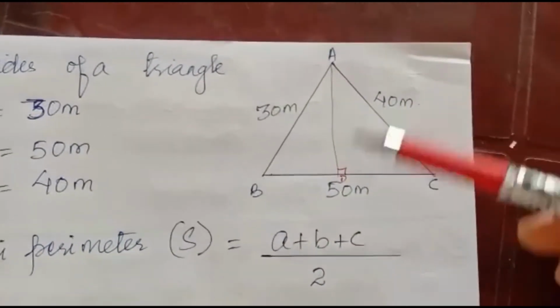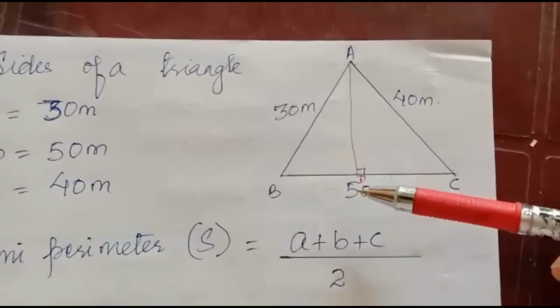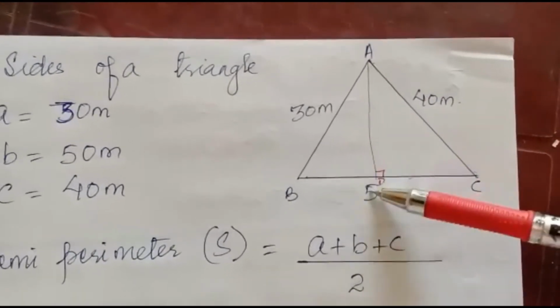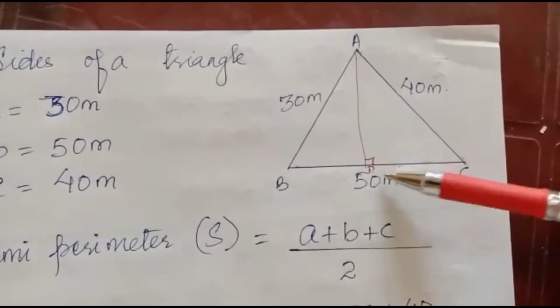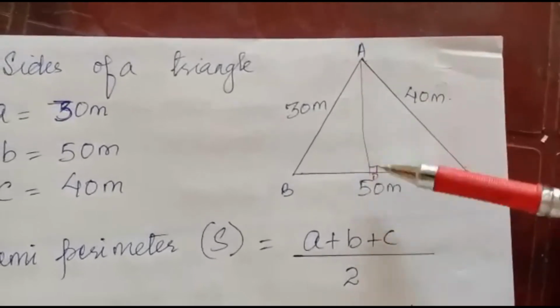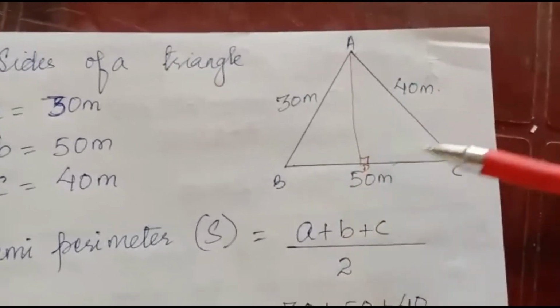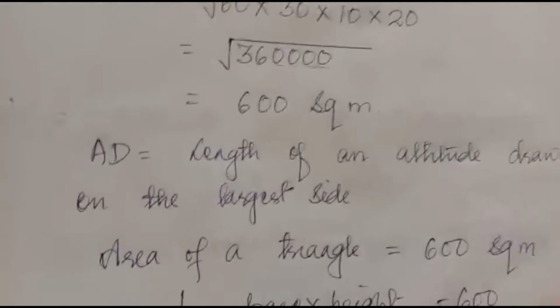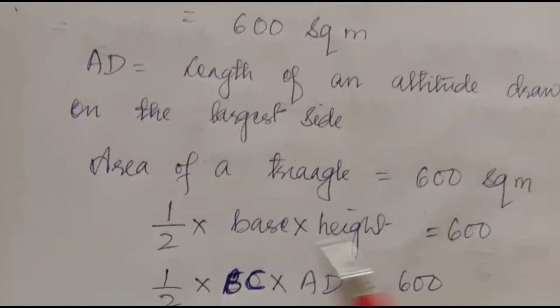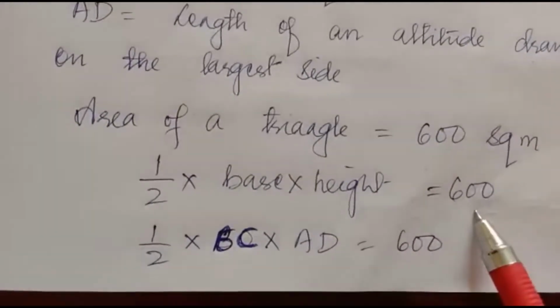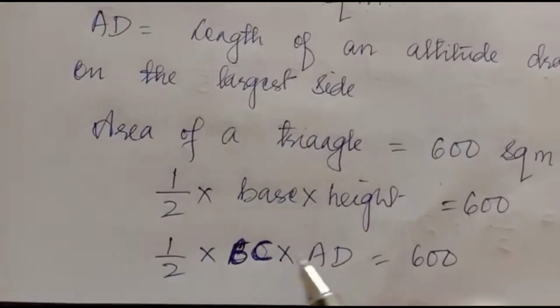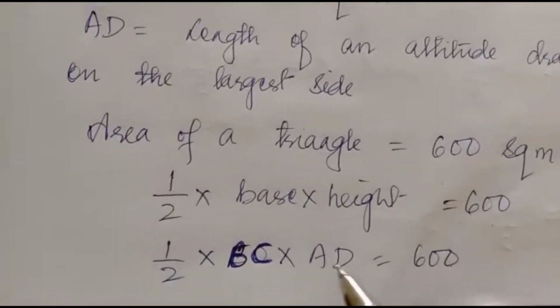To find this altitude, we will consider the formula half into base into height, whose base is 50 and height is unknown, AD, and its area will remain the same. Area is 600 square meter, so half into BC into AD is 600. We have to find the value of AD.